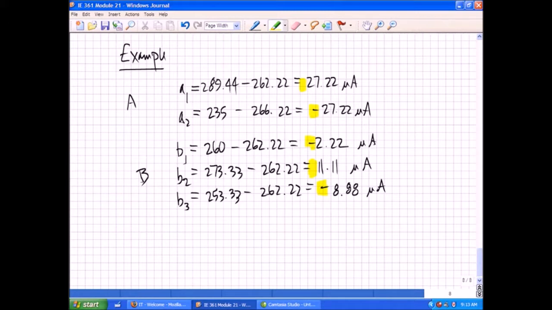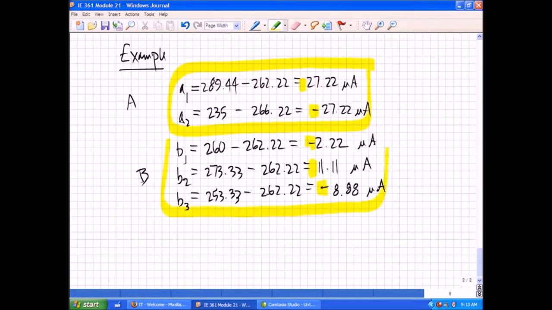What else can we see looking at those numbers? If we look at the magnitudes of the A main effects in comparison to the magnitudes of the B main effects, on the whole, the A effects are bigger in magnitude than the B effects.